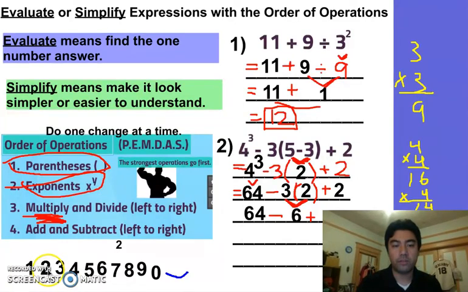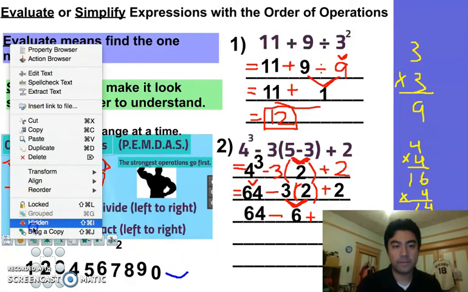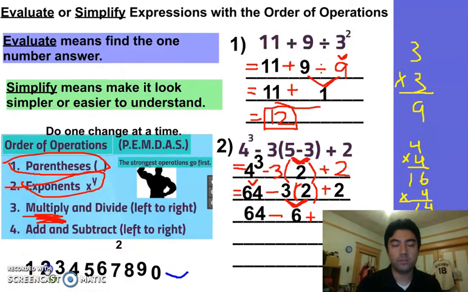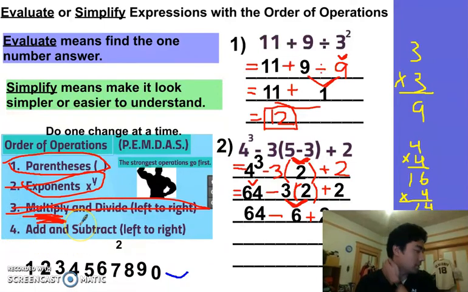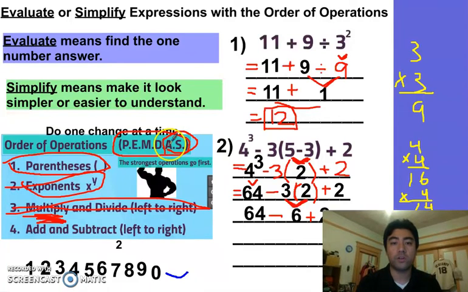This is actually one of my favorite examples because there's a really important thing to remember as you're doing order of operations, okay? And it comes in this next step right here when we're adding and subtracting. Remember, it says add and subtract from left to right, okay? It does not mean, for those of you who remember PEMDAS, that addition goes first all the time before subtraction, okay?